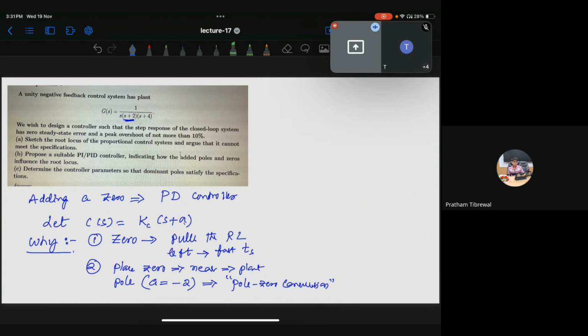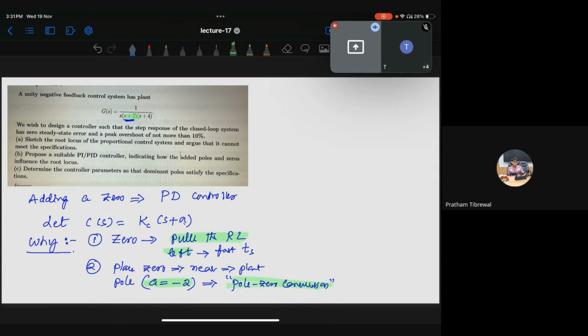These are the two advantages. The first is that it pulls the root locus more to the left. Then you can add a zero near S equal to -2, which gives us the flexibility of pole zero cancellation.